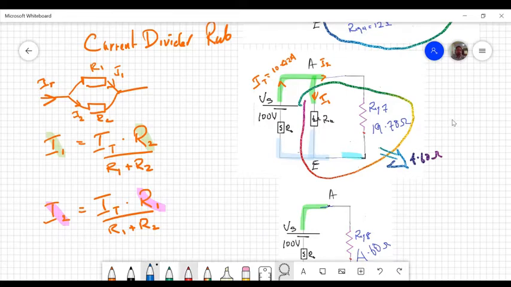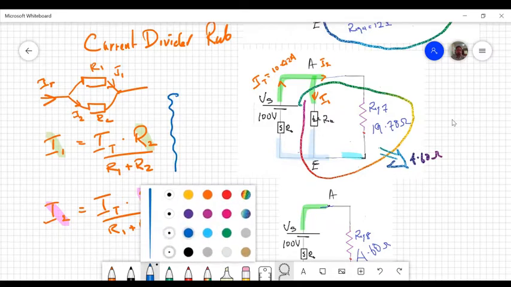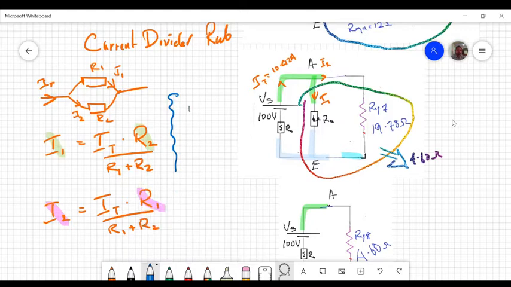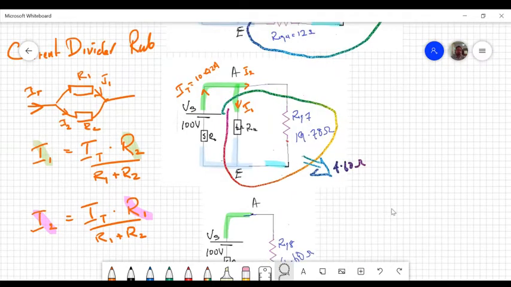So let's say I1, that's I1 coming down here, is equal to 10.42. I think I crowd myself up there. So let's pause. Yeah.